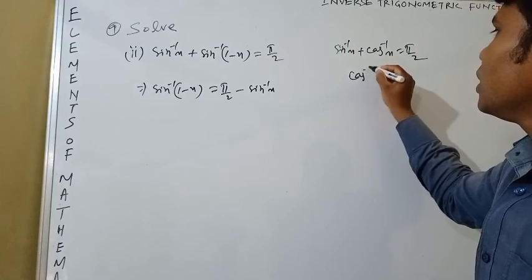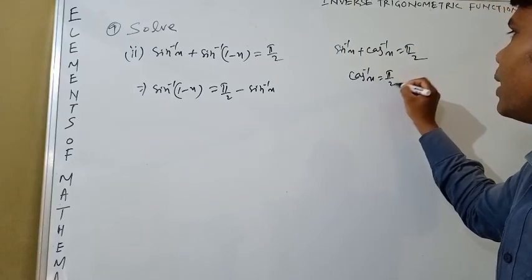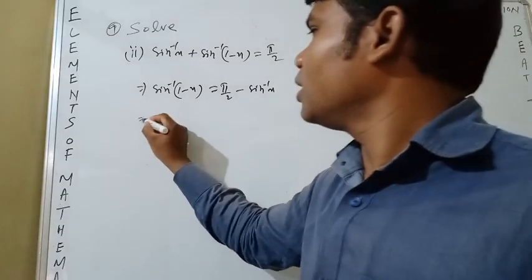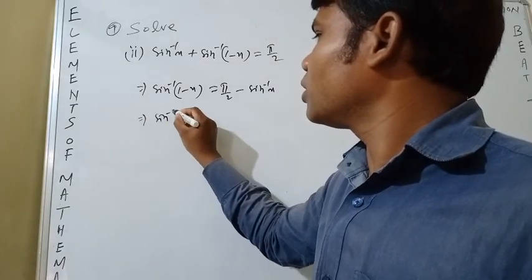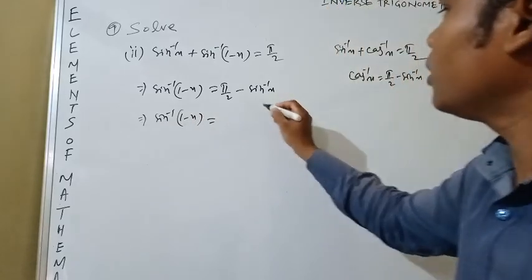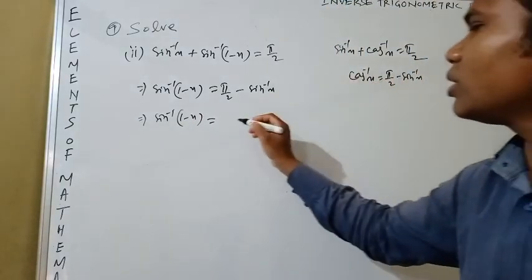You see cos⁻¹x = π/2 − sin⁻¹x. Applying this here, sin⁻¹(1 − x) = π/2 − sin⁻¹x, that is cos⁻¹x.